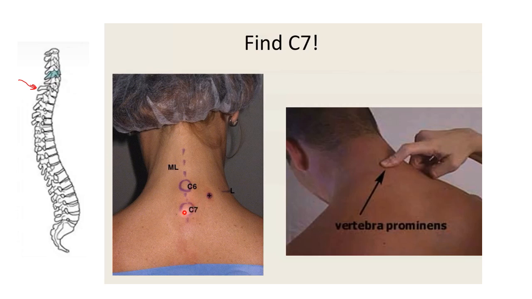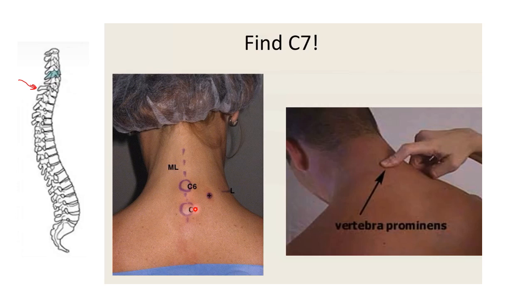The last vertebra of the cervical region is very easy to find. It has this very prominent protuberance right there. If you put your head to the front and touch the back, let's all find C7.